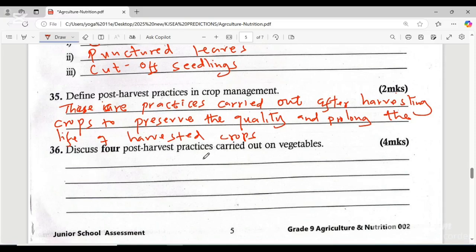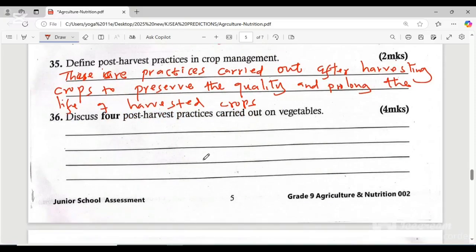Discuss 4 post-harvest practices carried out on vegetables. Now we are on vegetables. Number 1 is cleaning, drying, sorting, grading, packaging.